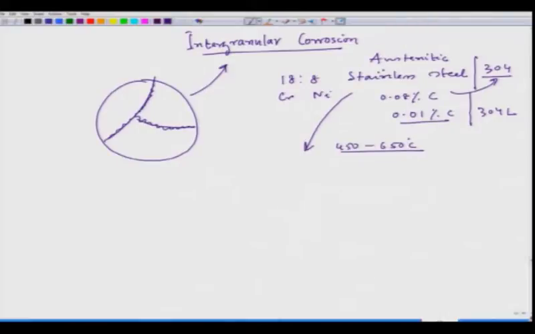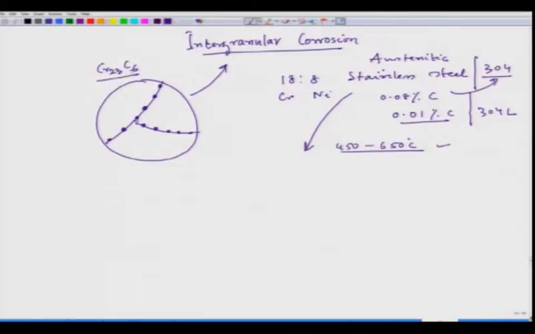Now, when we hold this steel around this temperature region, and we have these grain boundary structures, the chromium carbide nucleates along the grain boundaries. This is chromium carbide, Cr23C6.